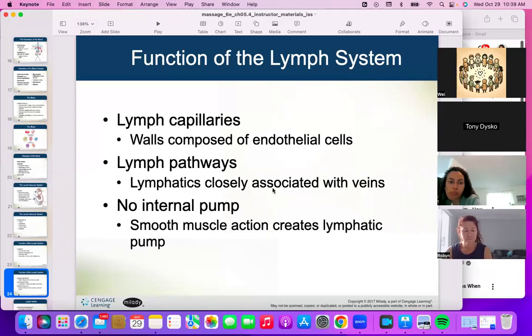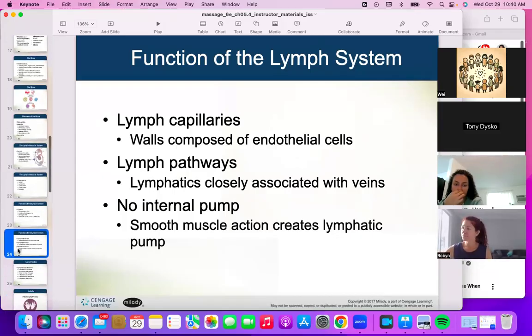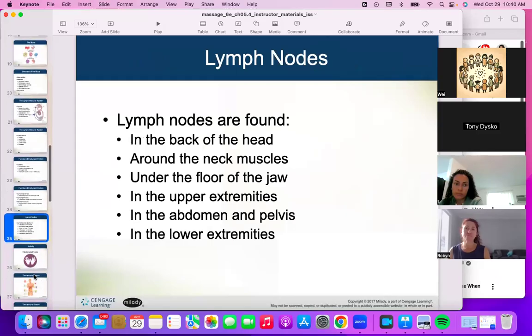The only difference is veins have smooth muscular tissue in their vessels, whereas the lymphatic system is a no-pump system, okay? So only the movement of the body and breathing helps move the lymph throughout the body.